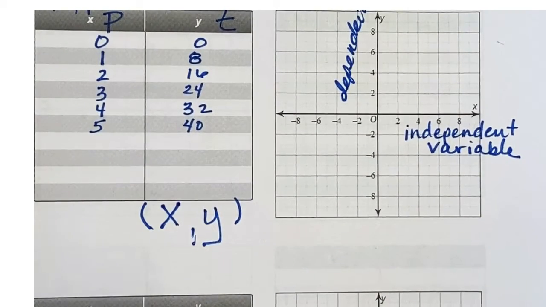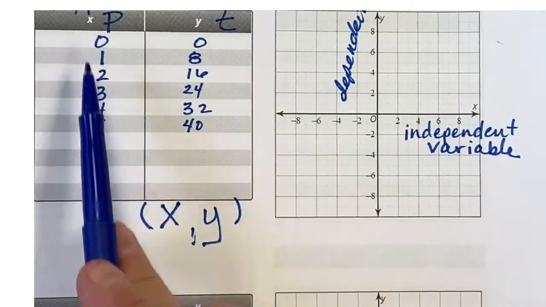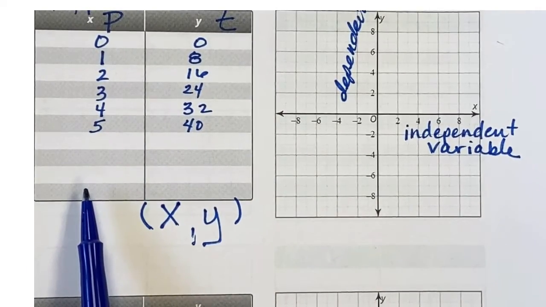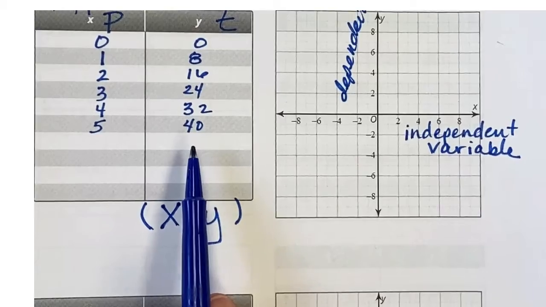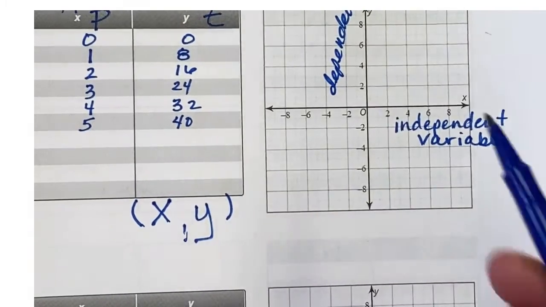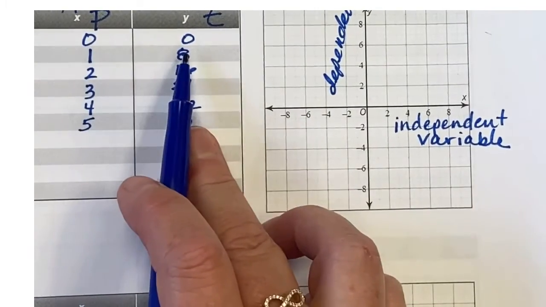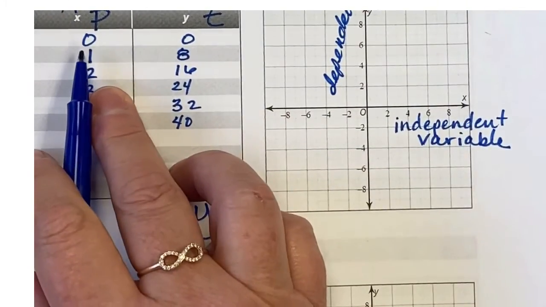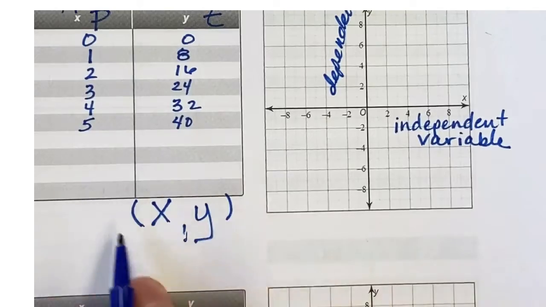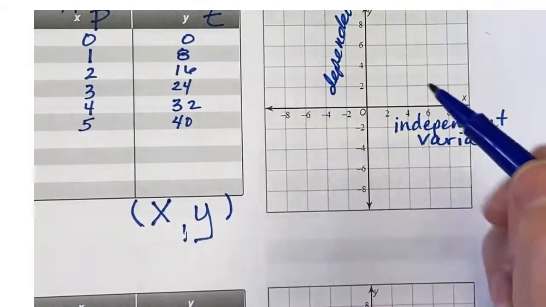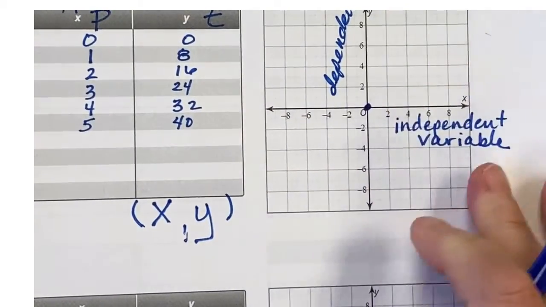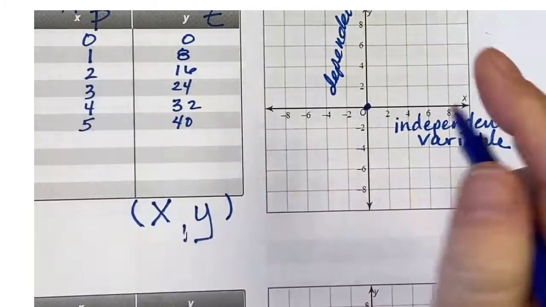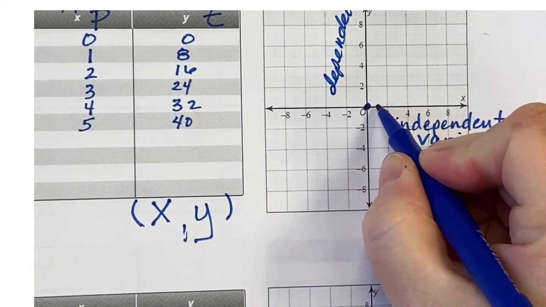Yes. So the independent variable will always be on the left and the dependent variable is on the right because it's going to be just like a coordinate pair. So if I wanted to do this one, these now become my coordinate points. So 0, 0 will put me right here. If I buy 1 package, it will give me 8.